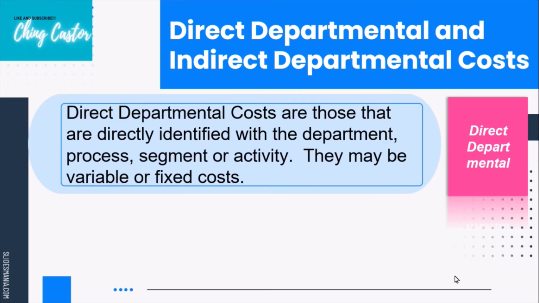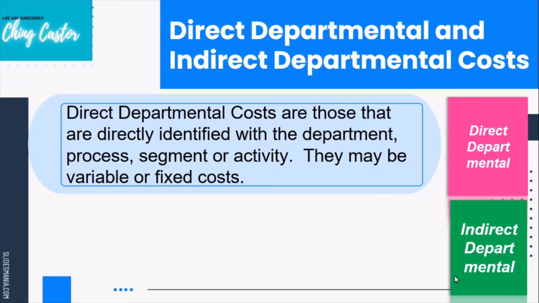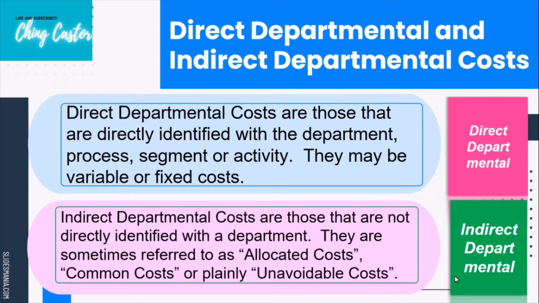So, when we say direct departmental, they are those that are directly identified with the department, process segment, or activity. So, they may be a variable or a fixed cost. Indirect departmental costs are costs that are not directly identified with a department. They are sometimes referred to as allocated costs, common costs, or plainly unavoidable costs.